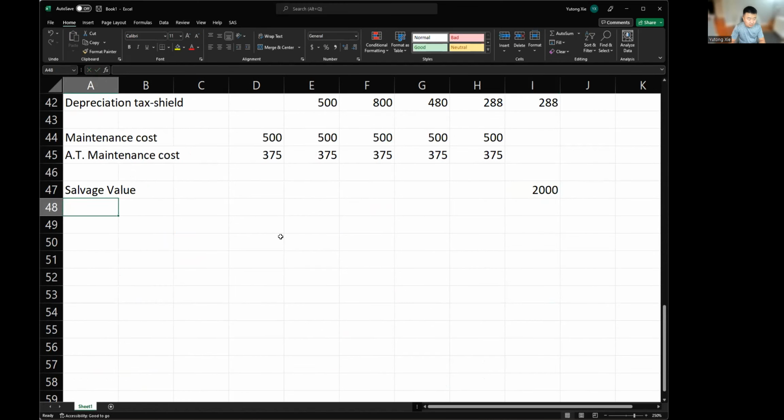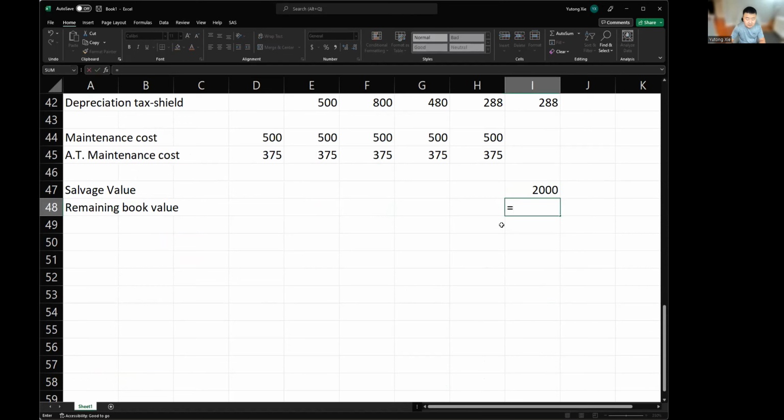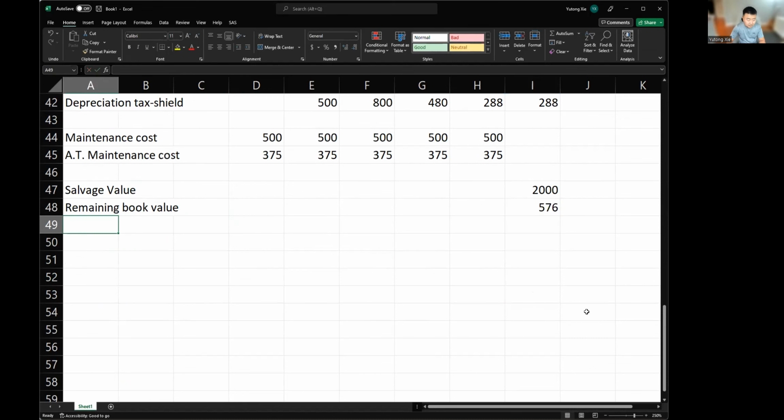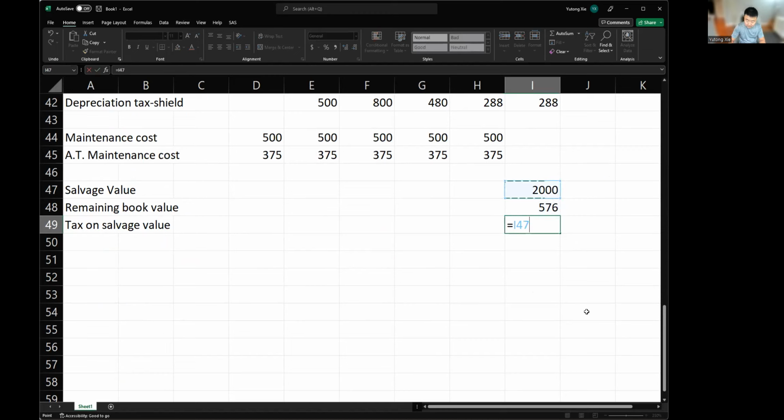And remaining book value, so that we can calculate the tax, equals this 576, right? Remaining book value. Okay. So tax on salvage value equals this, right?